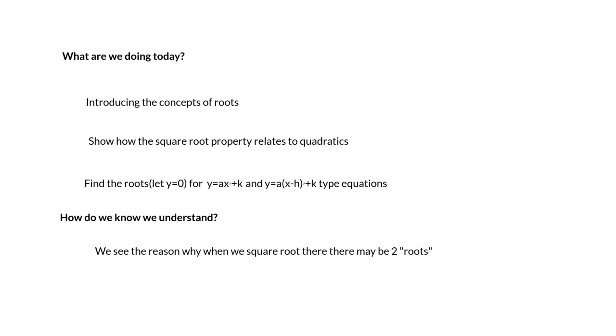And how we know we understand? We could literally understand and explain why we have two possible roots sometimes when we have a parabola, and be able to find the solution to any version of a quadratic that has those two forms, either this or this.